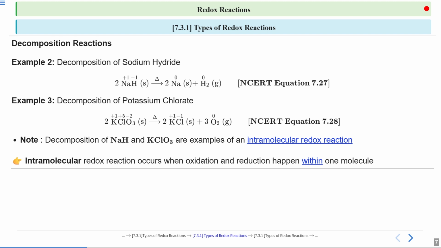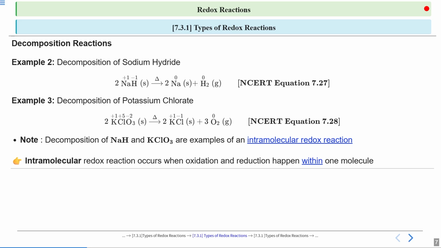So we can conclude that an intramolecular redox reaction is a chemical reaction in which a single molecule undergoes both oxidation and reduction internally, meaning one part of the molecule is oxidized while another part is reduced.